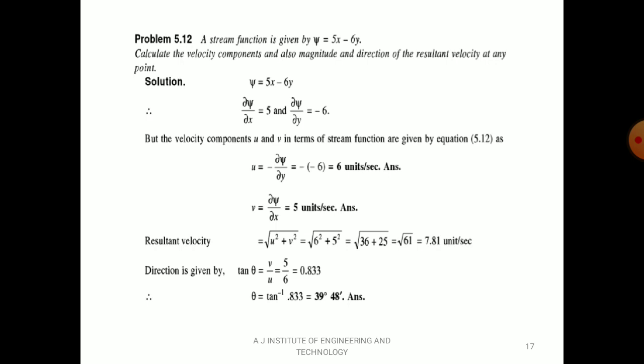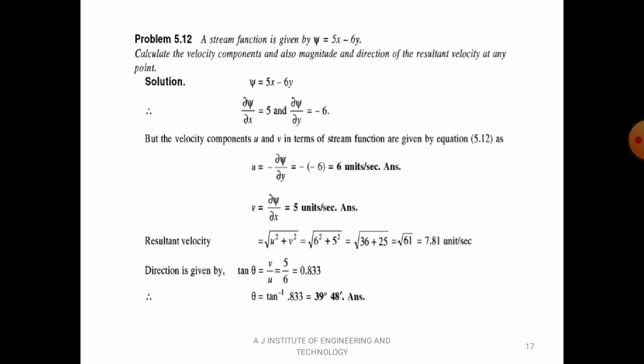So just substitute the values, we get u equal to minus dou psi divided by dou y, that is minus into minus 6, that is equal to 6 units per second, because the unit of velocity is meter per second, but nowhere is the unit of velocity mentioned as meter per second. So in place of meter, you just write units per second. Similarly, v equal to dou psi divided by dou x, that is equal to 5 units per second.